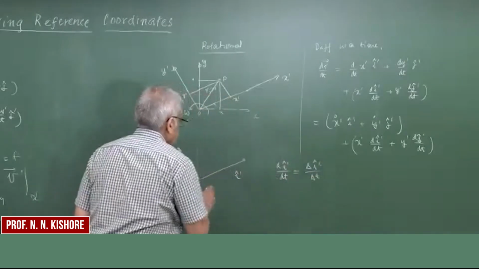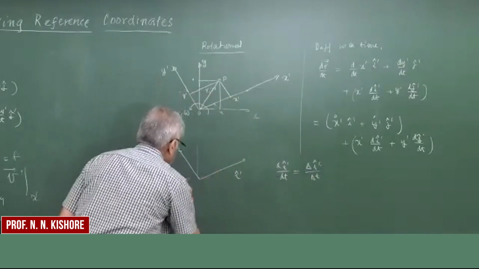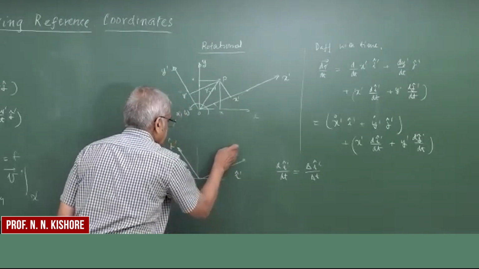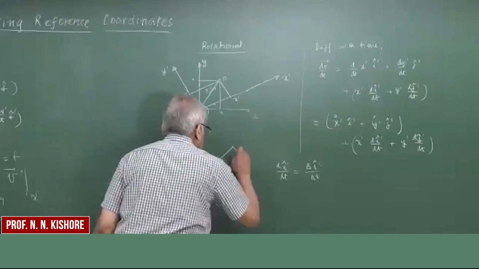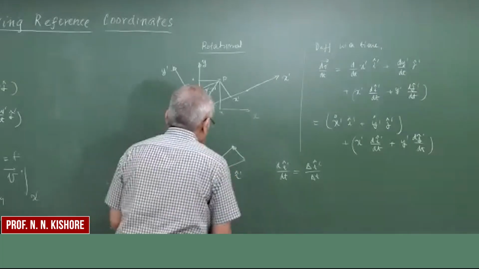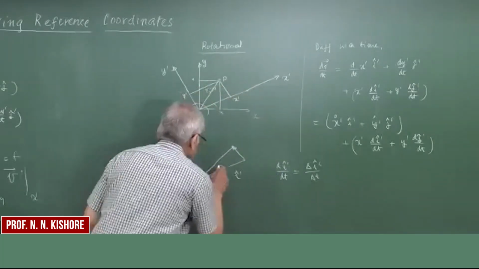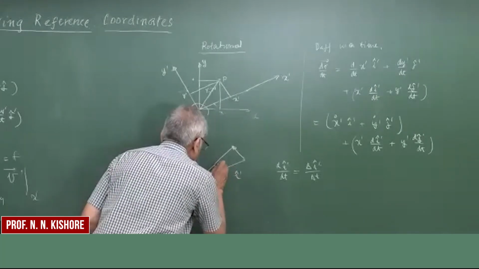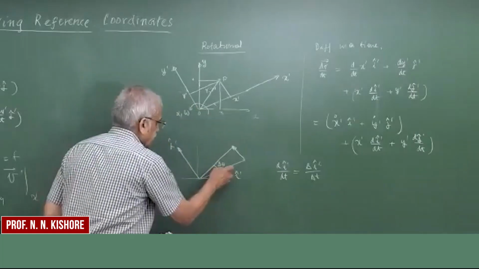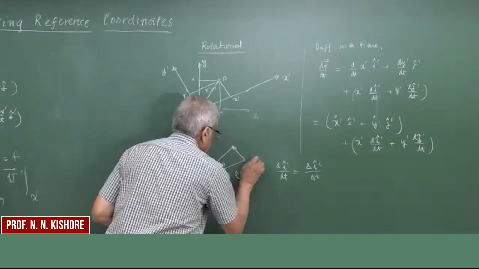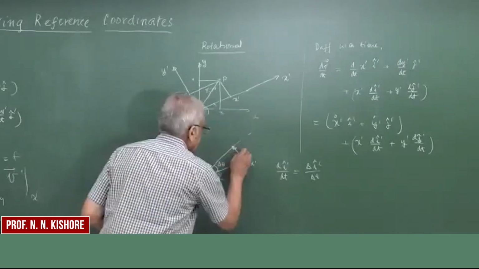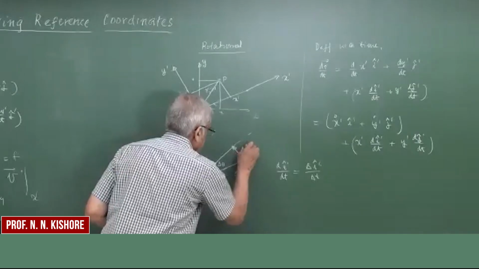So what is delta i prime here? Because here there's a theta, and there's a delta theta here. In a small time, this x prime has moved through another part here, and this is delta i prime.